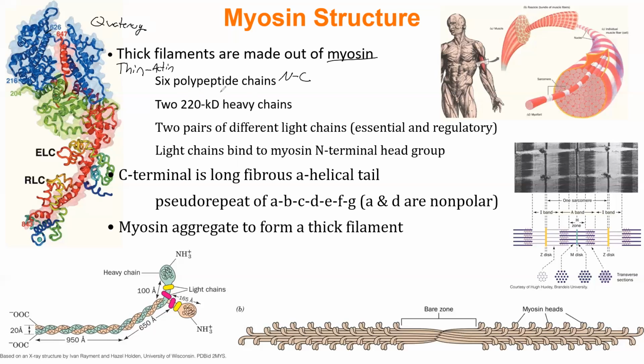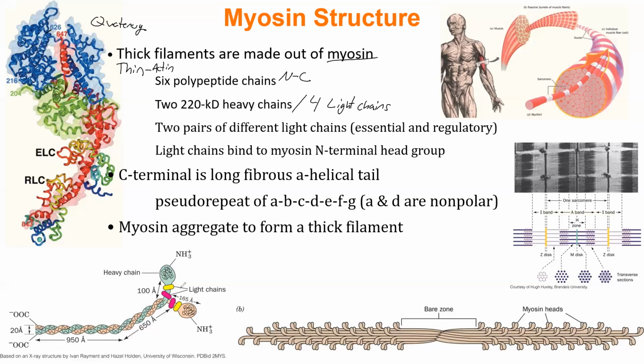We can break down these peptide chains into heavy and light chains. So you have 2 heavy chains and therefore 4 light chains. And these words heavy and light are referring to weight. If we go to the picture on the bottom left here, we can get a better idea of how these heavy and light chains interact.